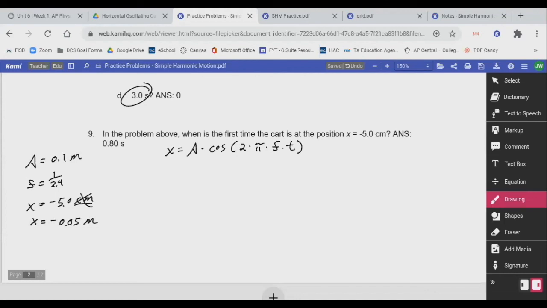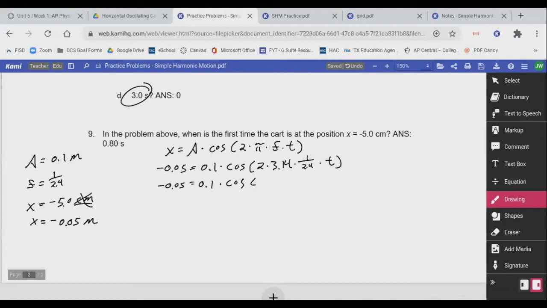If x, negative 0.05, is equal to amplitude of 0.1 times the cosine, in the parentheses I have 2 times 3.14, because pi is 3.14, times the frequency, which is 1 over 2.4, times the time. I'm looking for time. For a first step, let's multiply the numbers that we know inside the parentheses as a one-step cleanup.